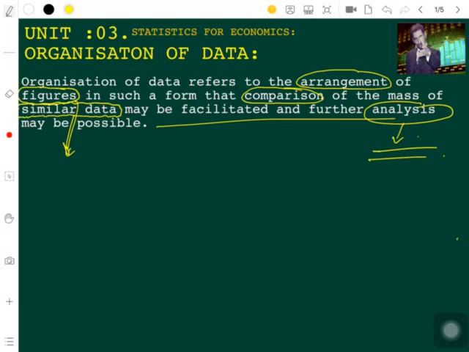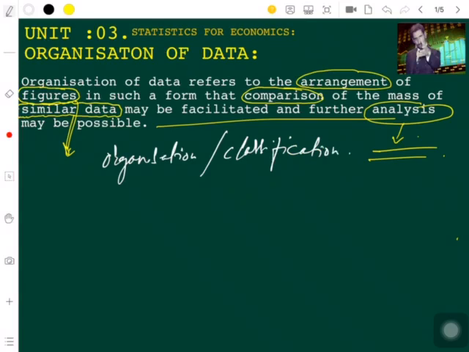So classification of data or organization of data, these are both two names for the same coin, or the faces of the same coin. What I am talking about is organization, where you organize the things, or classification, where you classify things. We did it in the previous chapter, what classification means.